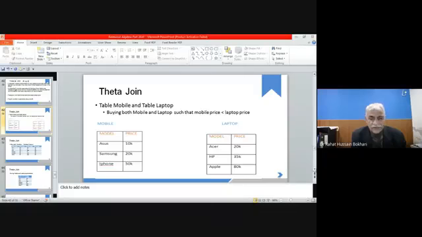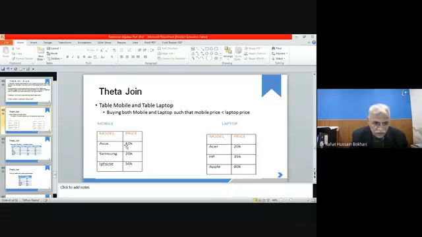So in the very beginning this condition is applied, then after that the cross product is applied. The laptop prices are given here, and the mobile prices are given here. We have to take the rows in which the mobile price is less than the laptop price.